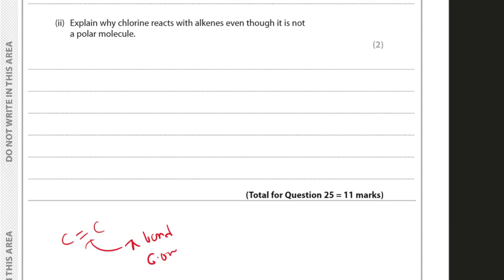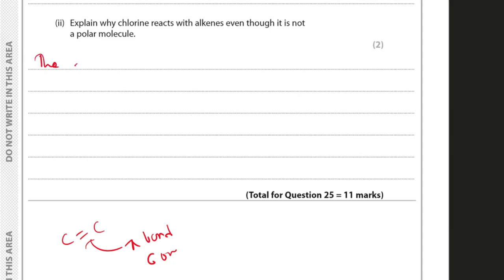So the electrons in the double bond of the alkene distort the electron cloud in the chlorine molecule. This is the reason why chlorine is able to react, because we know that like charges repel. So the pi bond electrons have the capability to distort the electron cloud of the chlorine molecule, which helps to induce a dipole.